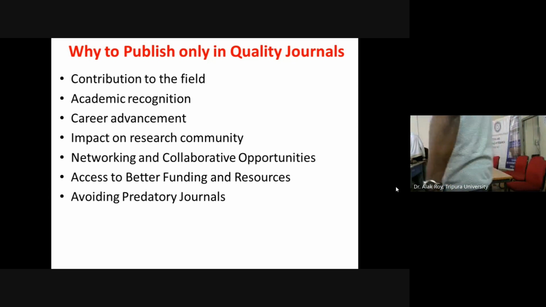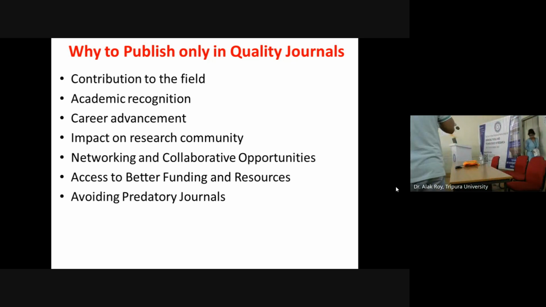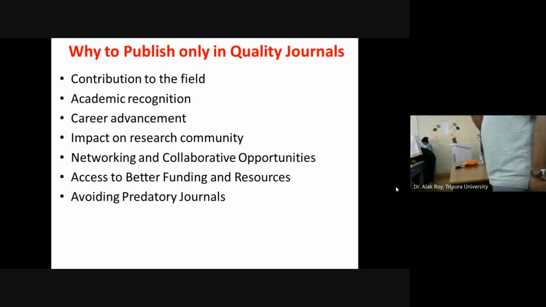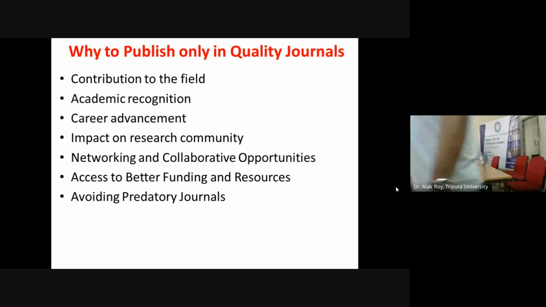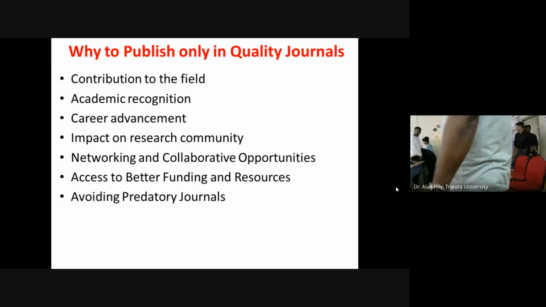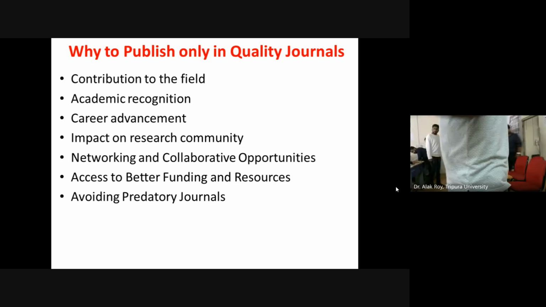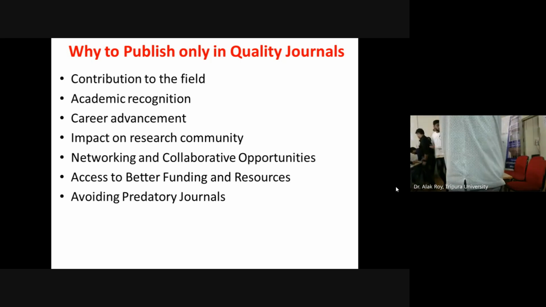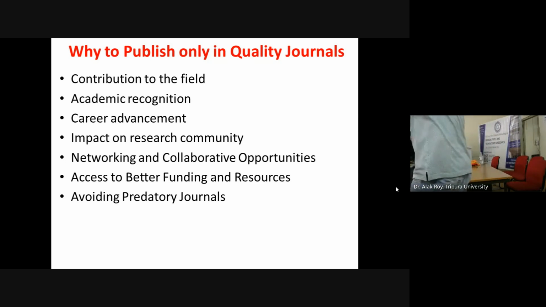Why should you go for this kind of journals? Because it is a contribution in your field. If it is the engineering field, electrical, computer, IT, whatever you are working on, you are contributing something. You are advancing the knowledge base of that field. So it's a lot of responsibility on your shoulder, because some days after this publication, the same thing is going to be taught by others in their classes.